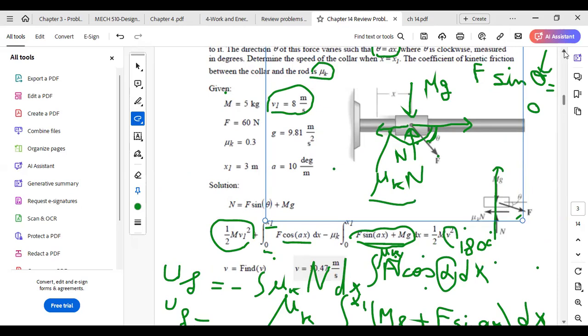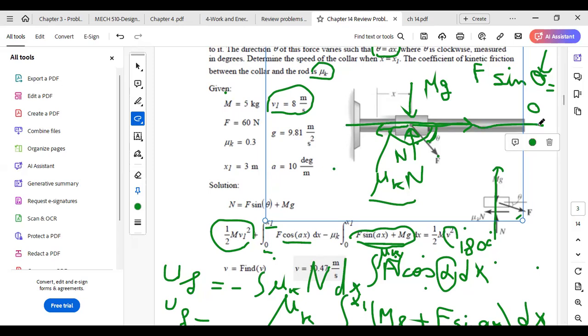If the movement is horizontal, we don't use the weight. Is it applicable in chapter 2, do we need to consider weight even in work and energy? Look, the weight will only do work if you have vertical displacement.